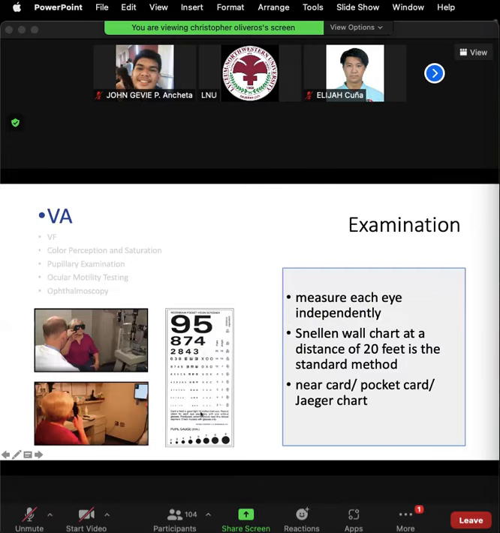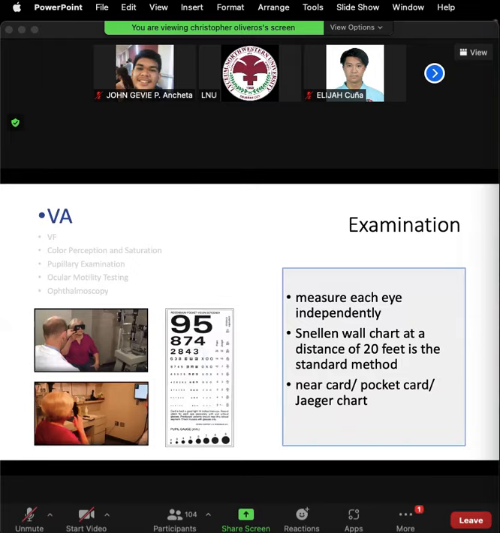In this first step, for uniformity, we start with the right eye, then record how far the patient can read to the smallest optotypes. Then go to the fellow eye, the left eye, and also record.